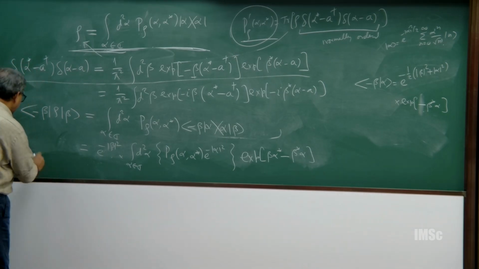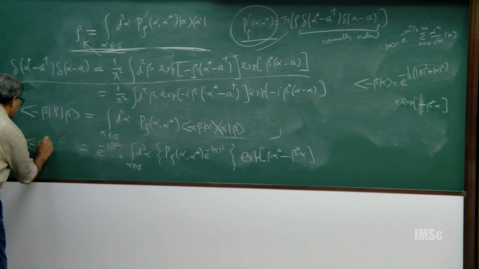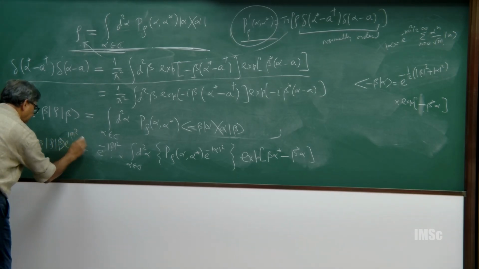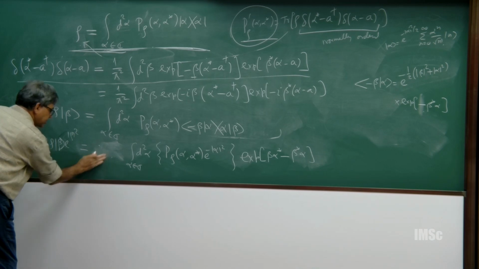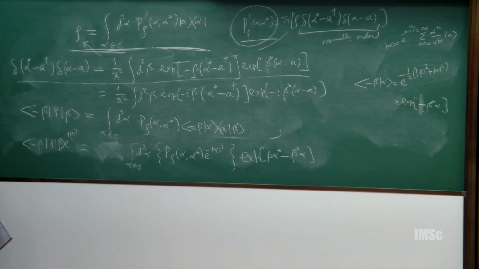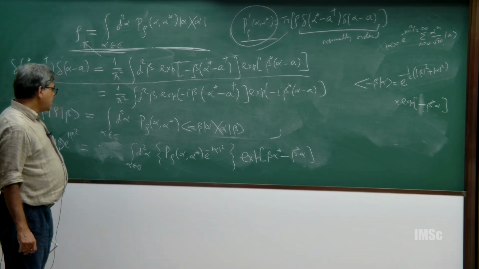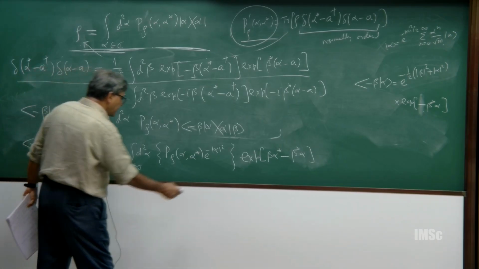So, in other words, if I take minus beta rho beta e to the power beta square, what I will get is this expression. Now, what is this? This is basically the two dimensional Fourier transform of this function.